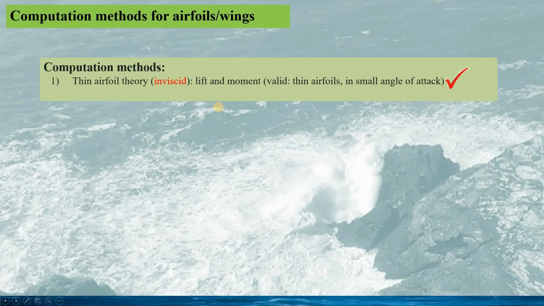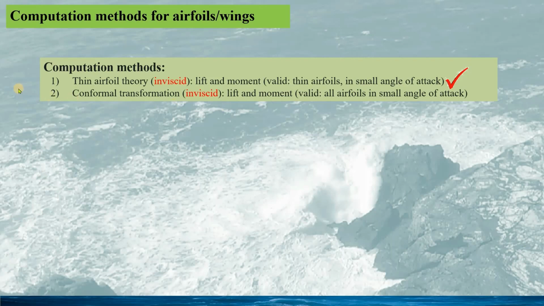This is the topic for this talk. The more complicated method would be conformal transformation. It is a method working for inviscid flows, so the lift and the moment can be calculated. This method is valid for all airfoils at small angles of attack.